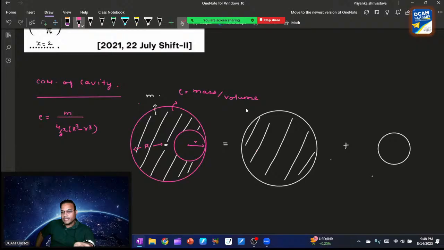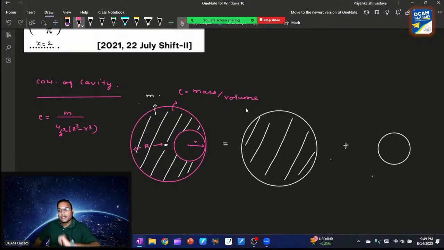Understood? Because the mass of the remaining part is given, and the volume of this remaining part is 4/3 pi into capital R cube minus small r cube. 4/3 pi capital R cube is the volume of the total sphere, and the volume of the smaller one is 4/3 pi small r cube. That will be subtracted from it, so that will be the total volume.